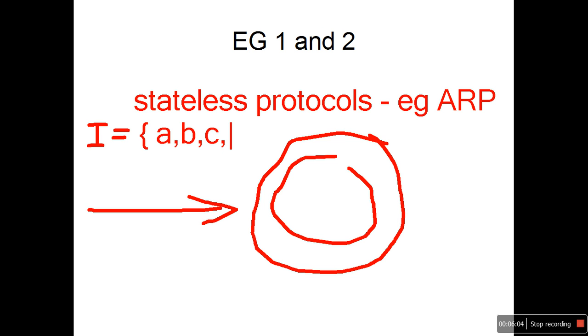A, B, C and so on, then for all i belonging to capital I, whenever you perform this, you get the final state. So that is a stateless protocol. You can see that the final state is being reached in O of 1 time, correct?